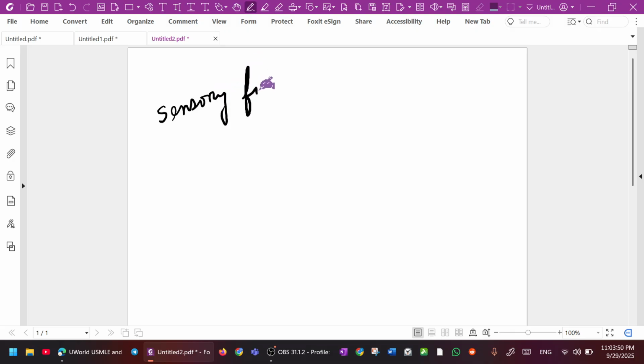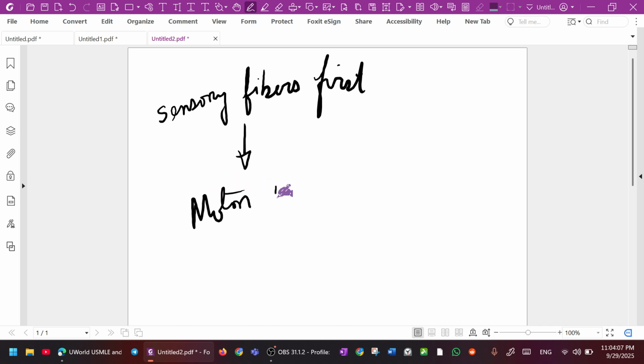CTS actually affects sensory fibers first. Sensory fibers are more sensitive to compression, followed by the motor fibers. So CTS affects sensory fibers first, then the motor fibers.